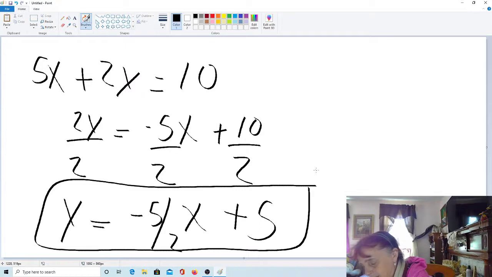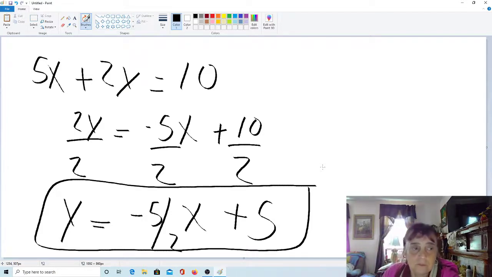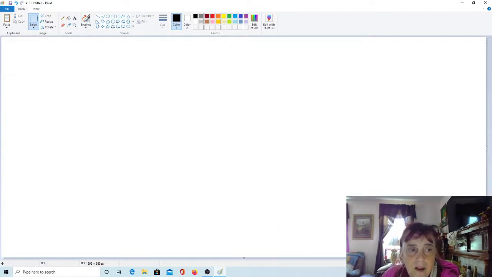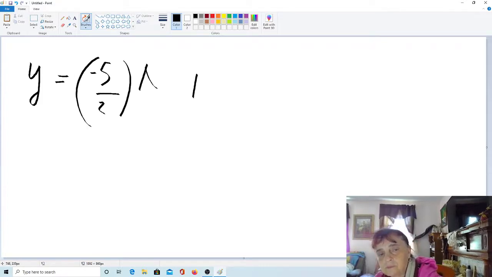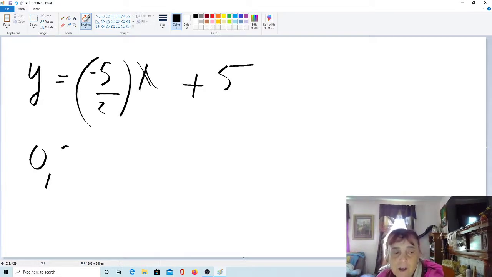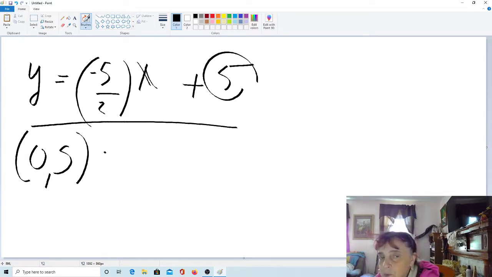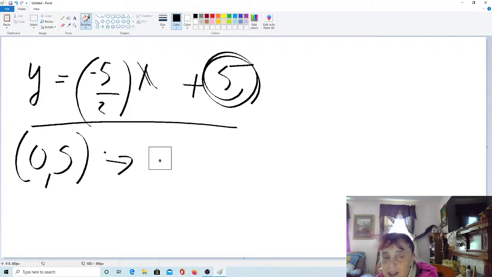And you have (0, 5), and negative 5 halves is your slope. This is called the slope-intercept form, and at this point right here, the x-coordinate is always 0. So (0, 5) is the point on the line, which is called the y-intercept.